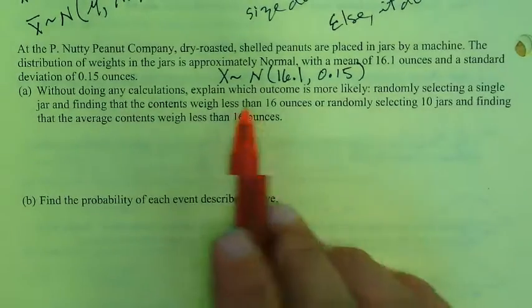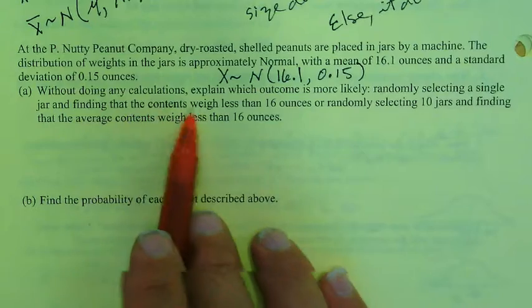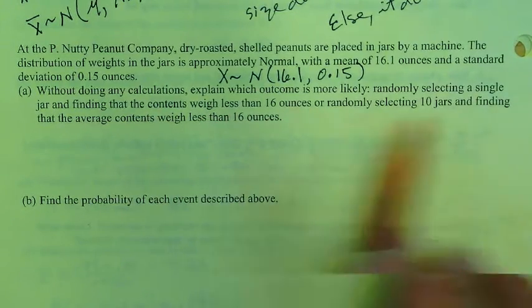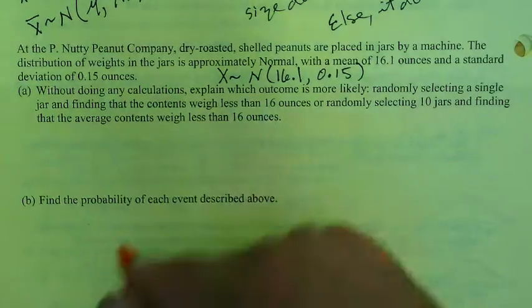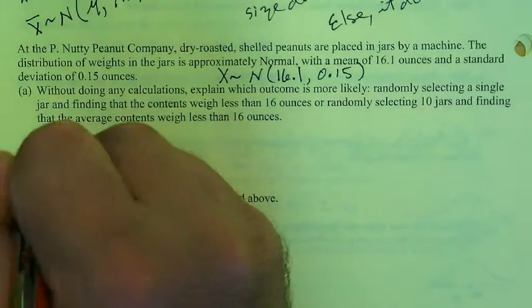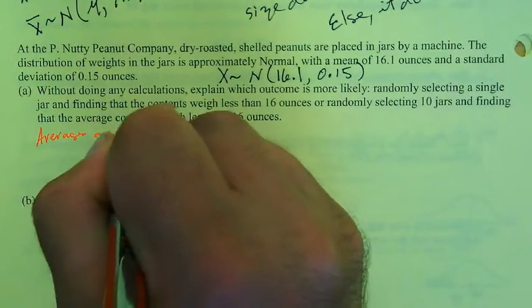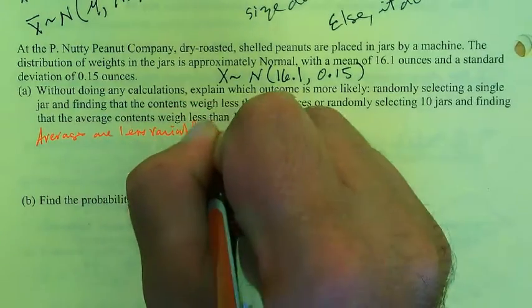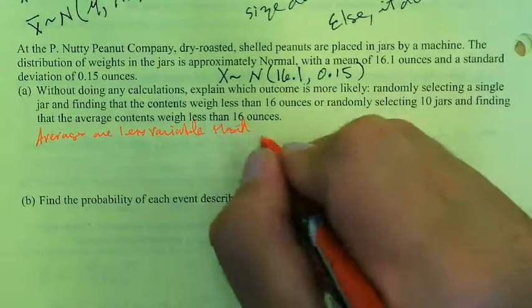Without doing any calculations, which outcome is more likely? Randomly selecting a single jar and finding the contents weigh less than 16 ounces, or randomly selecting 10 jars and finding the average content is less than 16 ounces. Well, averages are less variable than single events.